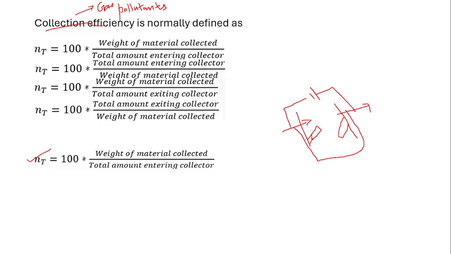There will be a collecting surface within these metal rods. Whenever the pollutants pass through, once charged, they will fall down and be collected on this plate. The ratio between the amount of material collected here and the total amount entering will give the efficiency.